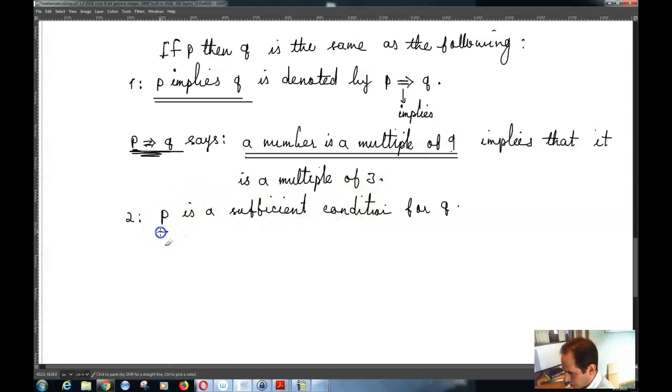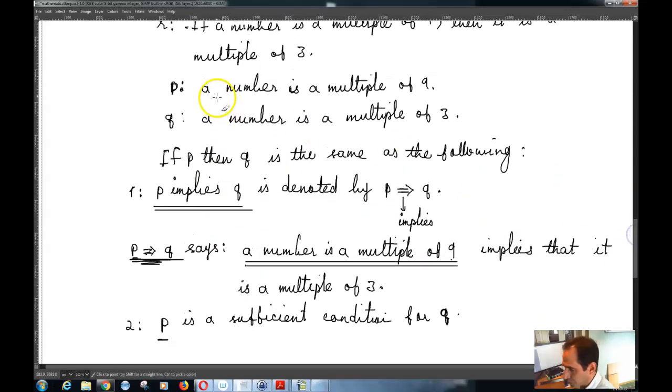If P is a sufficient condition for Q, then knowing a number is a multiple of 9 is evidence enough to conclude that the number is a multiple of 3. Okay, so P is a sufficient condition for Q.